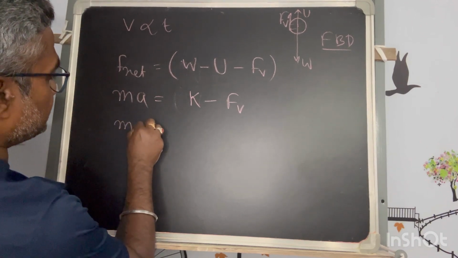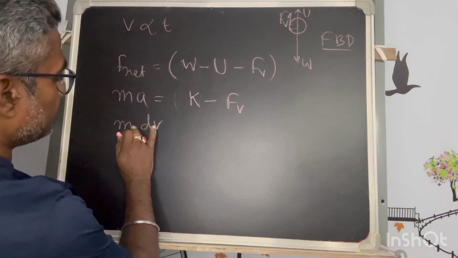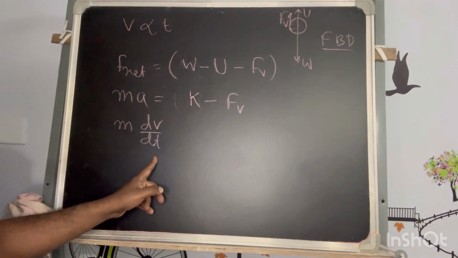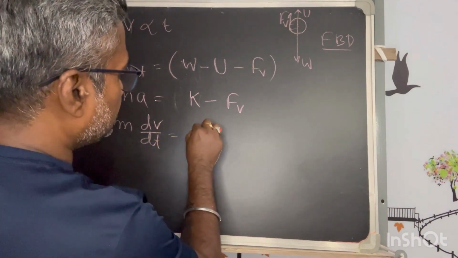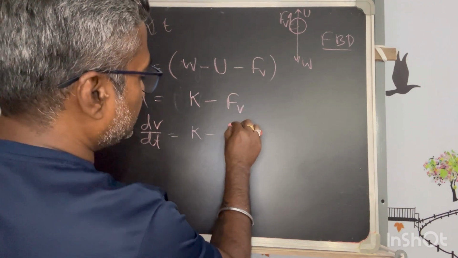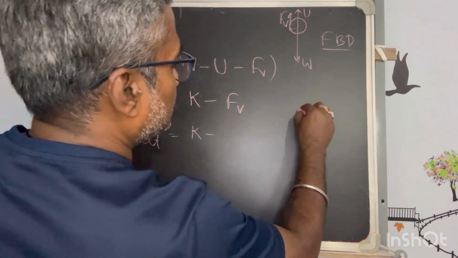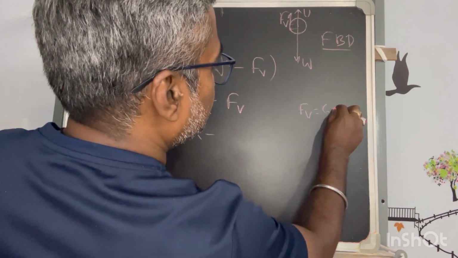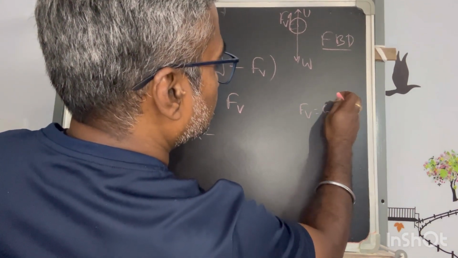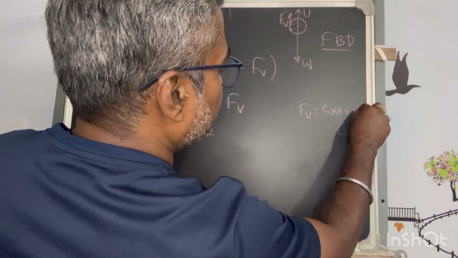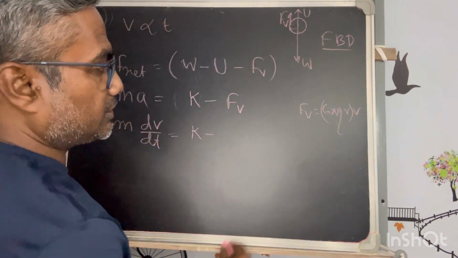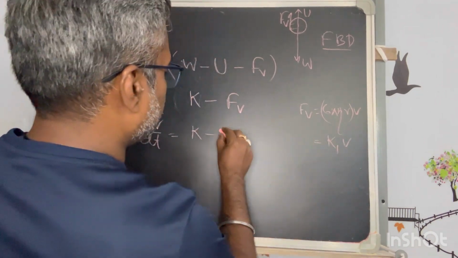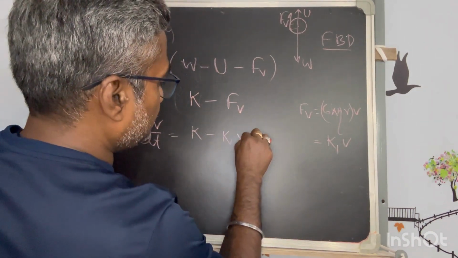So mass into acceleration is, we can say, m dv by dt. So that means change in velocity with time, it is constant minus Fv is equal to some constant into dv by dt. What is Fv? Fv is equal to 6 pi eta r into v. So if I take all this constant, so this is another constant, let's say k1 into v.